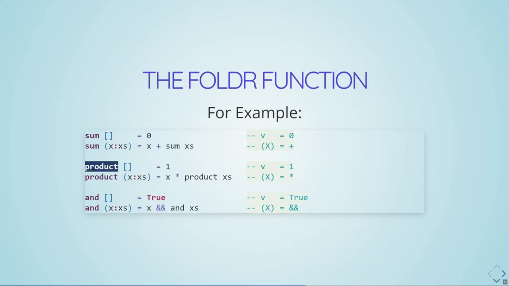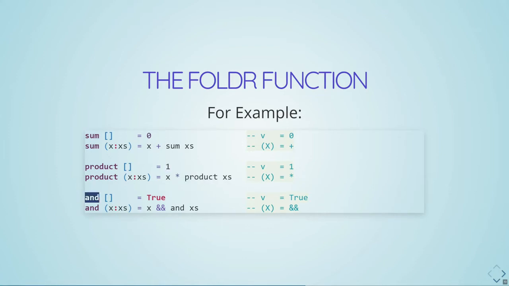Similarly, for product, this is the same as sum, but it multiplies everything together. So we're going to use multiplication for x here, and then the v value is going to be 1, because anything multiplied by 1 is just that same thing.